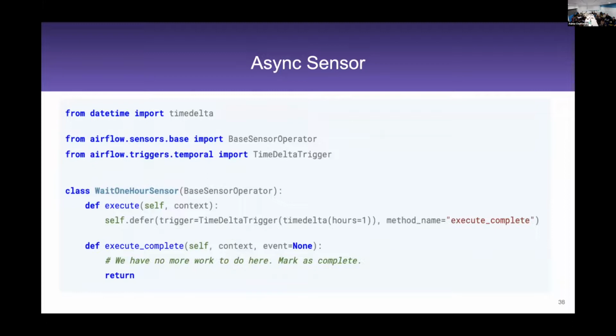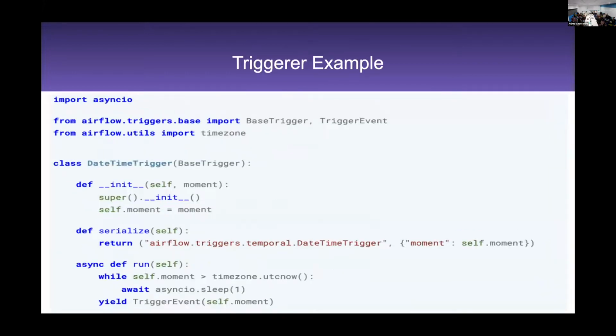This sensor, what is it doing? You can see in the execute method it's calling self.defer, which means that as soon as you call this method, your task will stop and pause the execution, free up the worker slot, and then your control will go to your trigger, the time delta trigger, which you just saw.